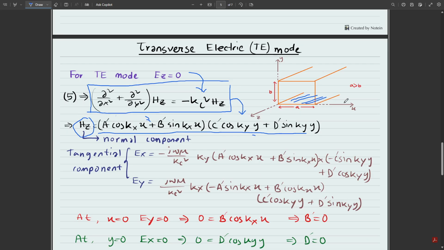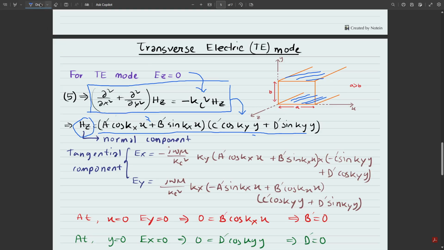So all of these tangential components become 0. Similarly for this plate, which is at y equals b, the tangential component, the Ex component, always becomes 0.